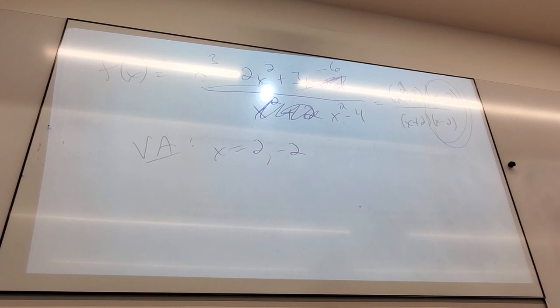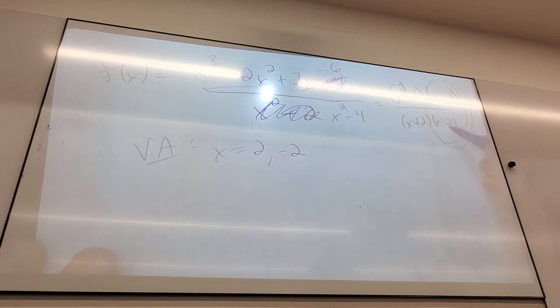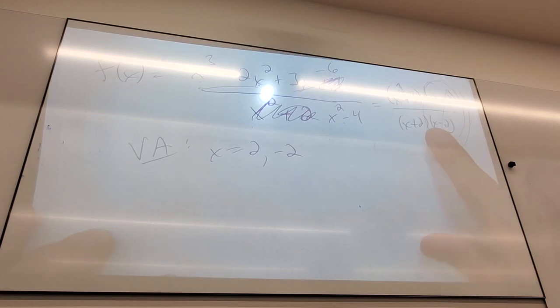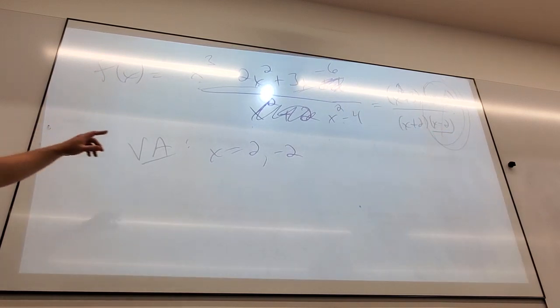So this is a good example of, is there actually a vertical asymptote at 2 then? No. So if you ever get a situation where one part of the bottom cancels, that's going to be true everywhere except 2. So this is not going to go to infinity. So real quick, why would this possibly be the location of a vertical asymptote?